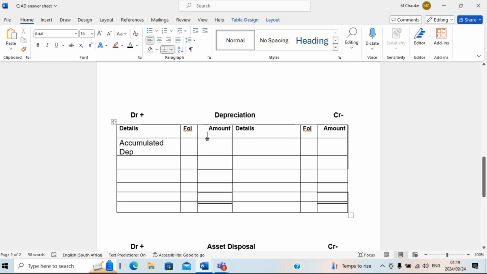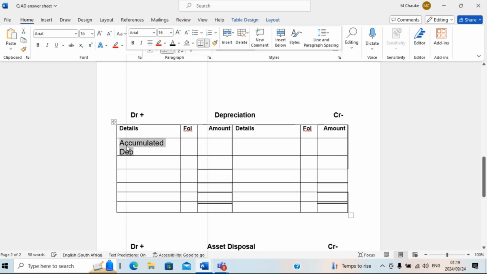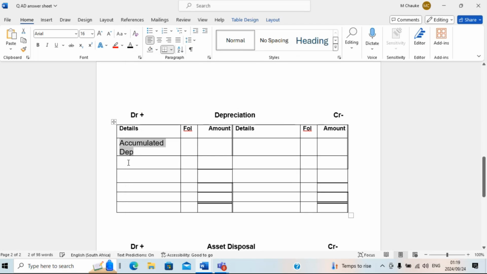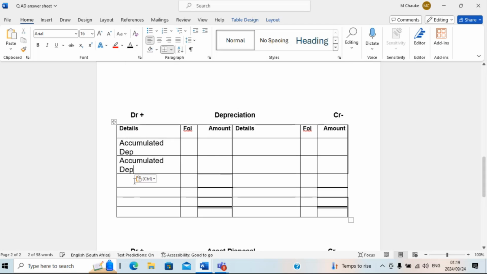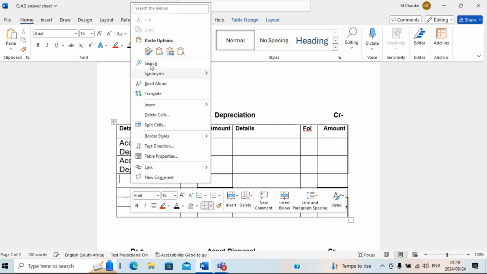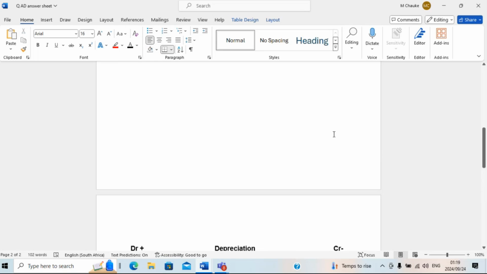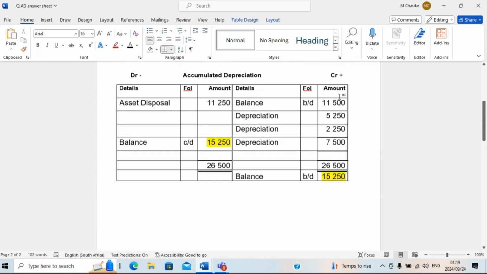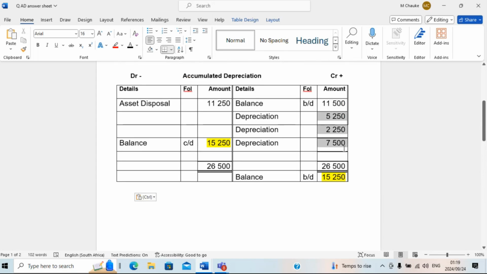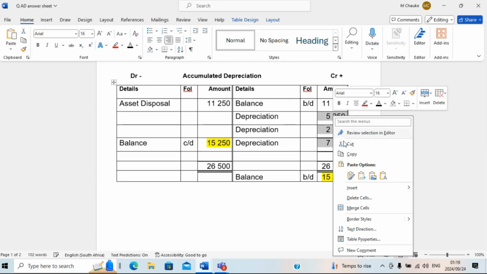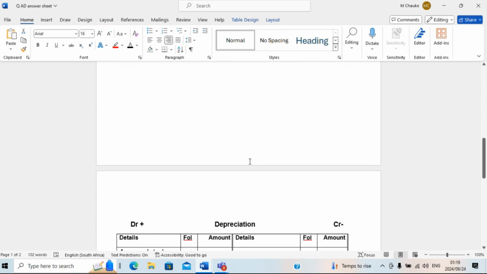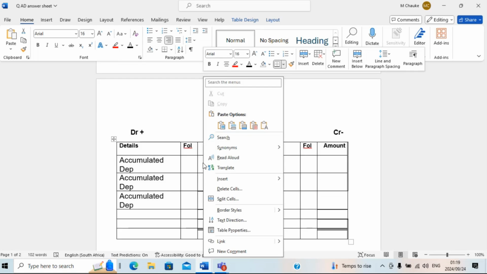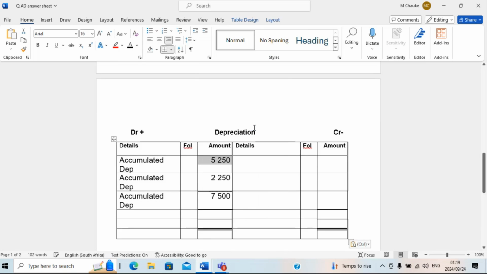Accumulated depreciation, number one. And then we also copy and paste on the other rows, because it's the same thing. All of them will go to the depreciation account as accumulated depreciation. This is what I'm applying here. It is called the duality principle or double entry system.